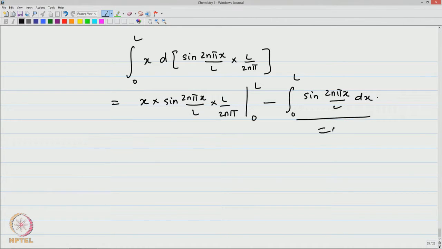This is 0 because at 0, x is 0, and at L, sin 2 n pi is 0. So that integral is 0.